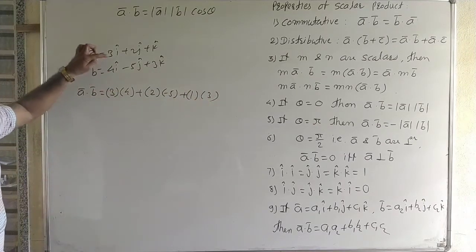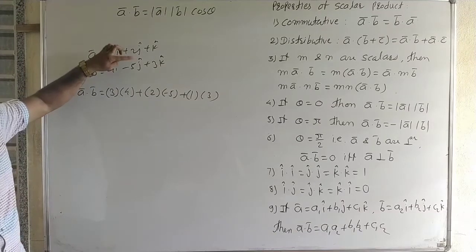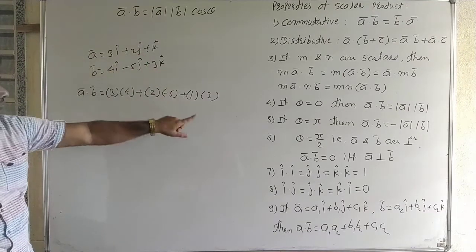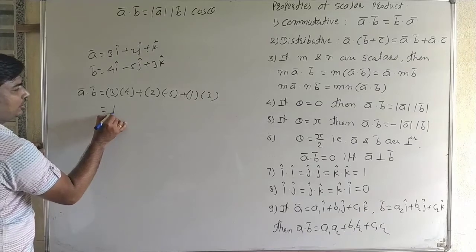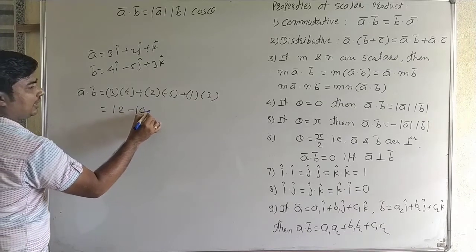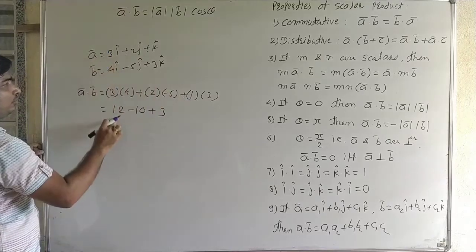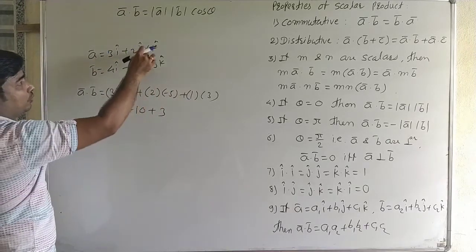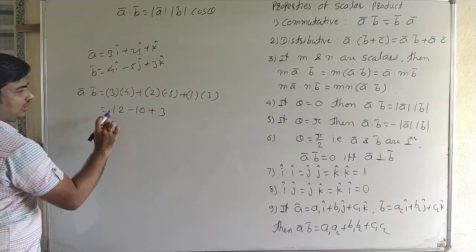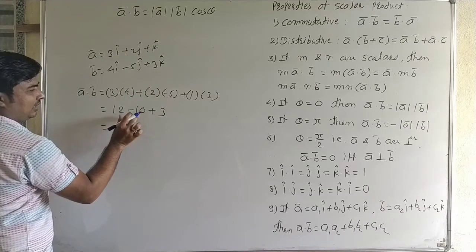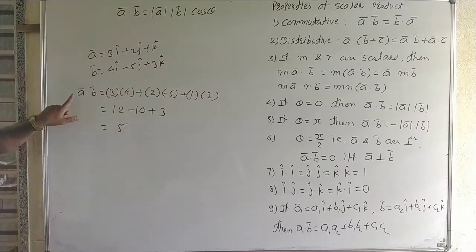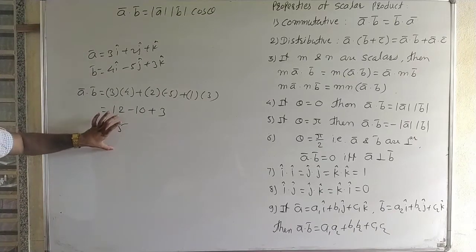Then it is 12 minus 10 plus 3. 3 into 4 is 12, 2 into minus 5 is minus 10, 1 into 3 is 3. Then 12 minus 10 is 2, plus 3 is 5. Then the dot product of these two vectors is 5.